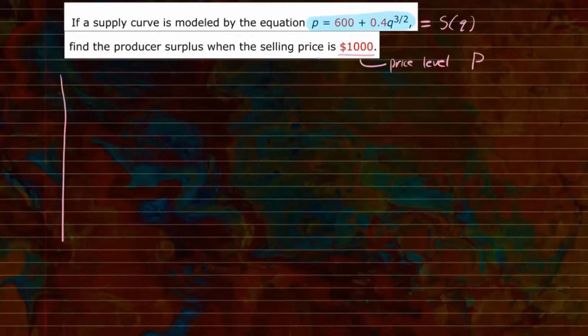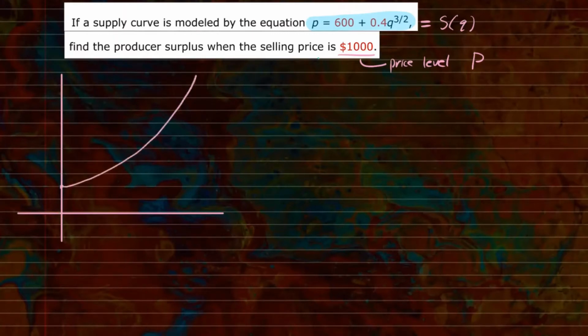Again, I'm going to draw another picture for you so you can see which region we're looking at. When Q is 0, you have something like this. Let's suppose that is your S of Q, the supply curve, and $1,000, that's right here. Let's draw the line.